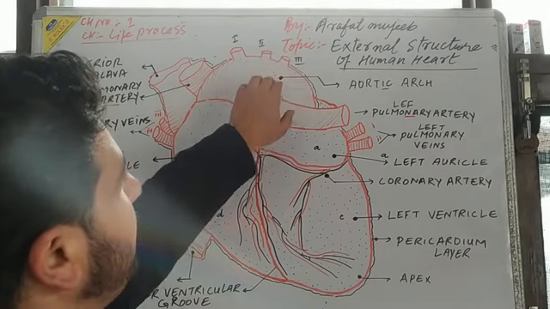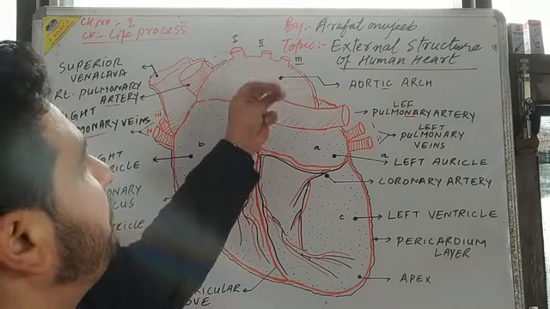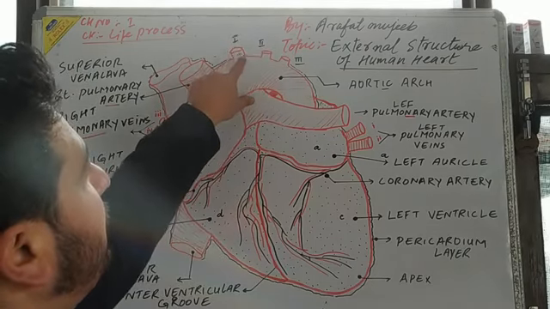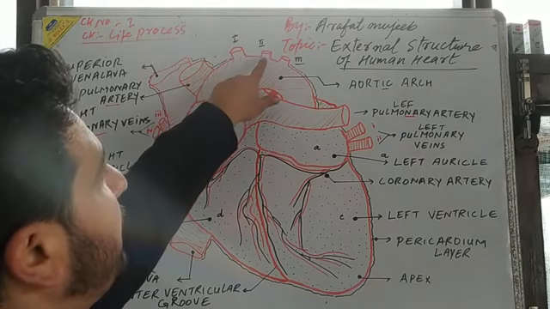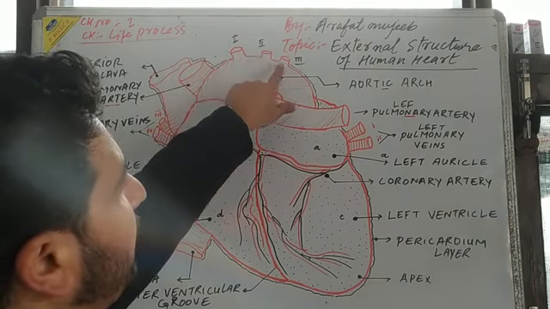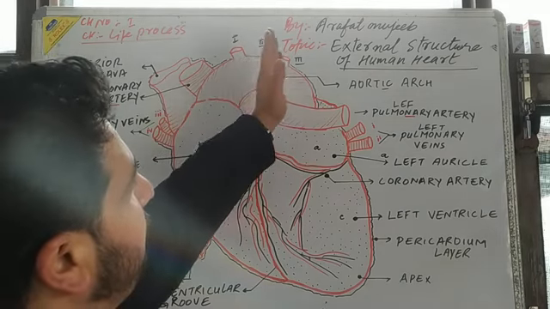At the top, three blood vessels come off. This is the brachiocephalic artery, this is known as the left common carotid artery, and this is known as the left subclavian artery.